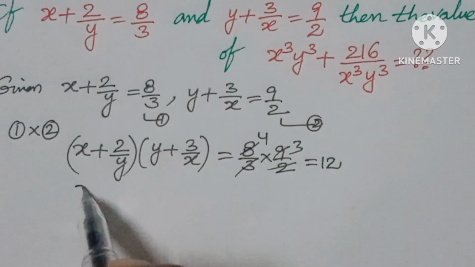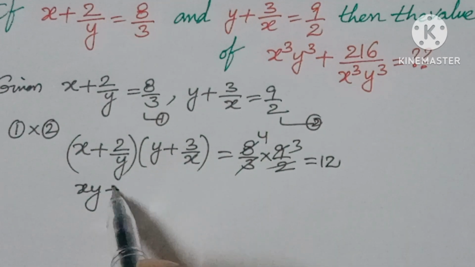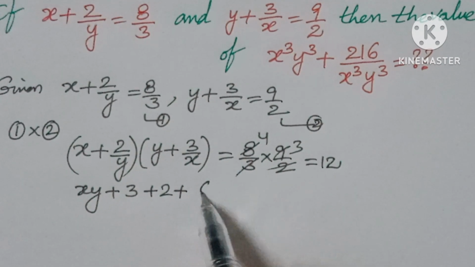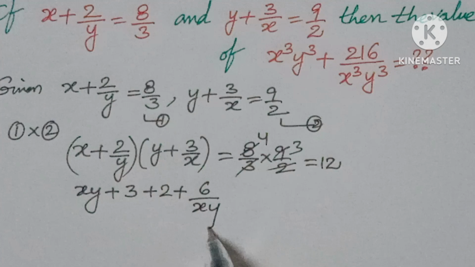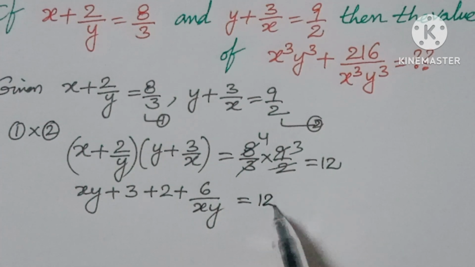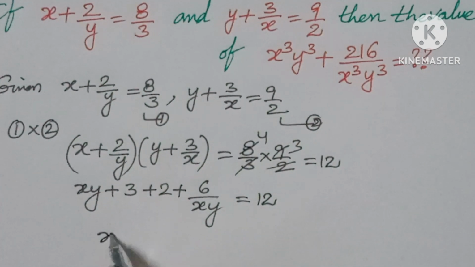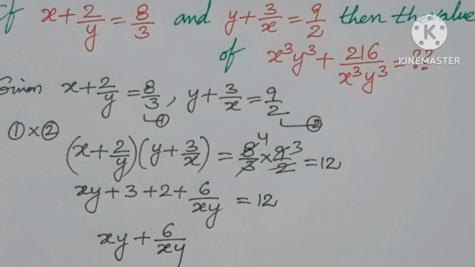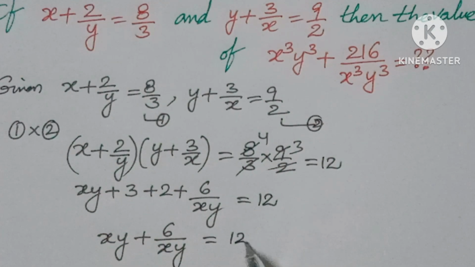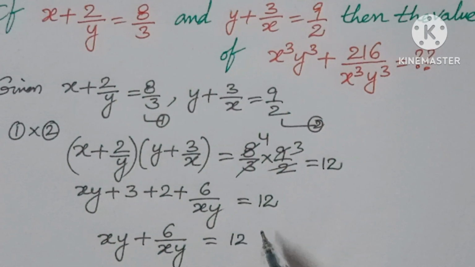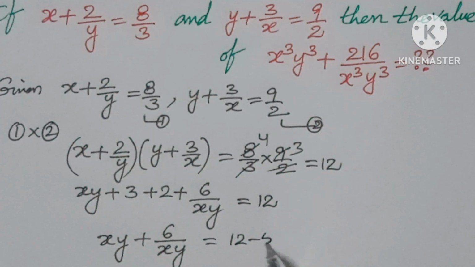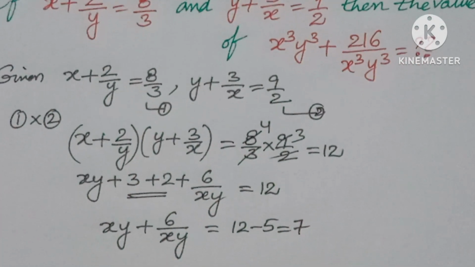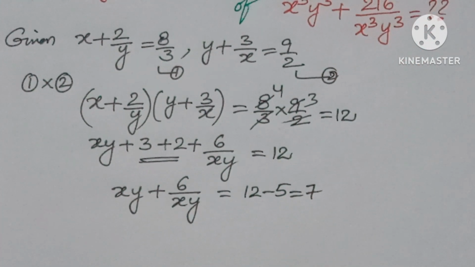Now if you multiply this, xy plus 3 plus 2 plus 6 by xy is equal to 12. So here you will get xy plus 6 by xy is equal to 12 minus 5. You will get 7.